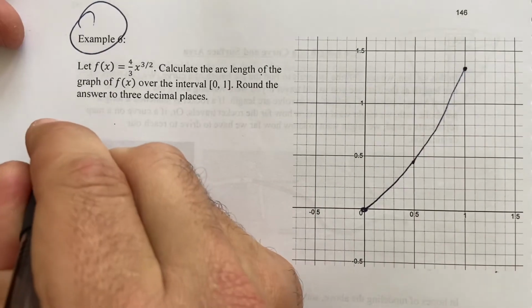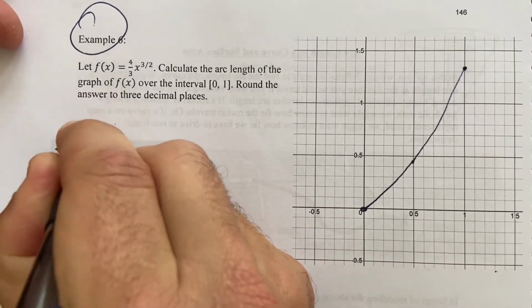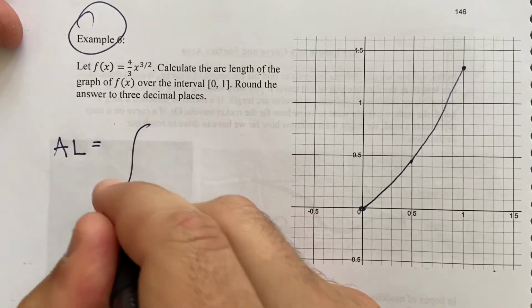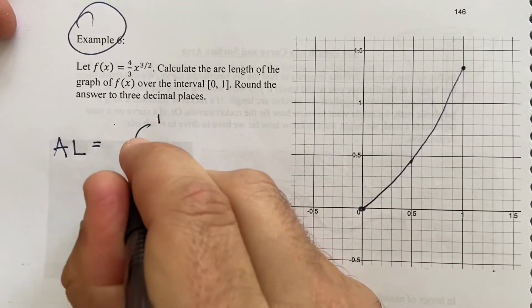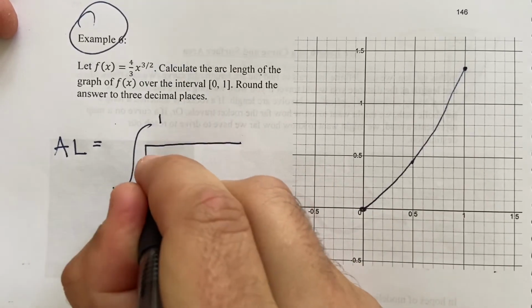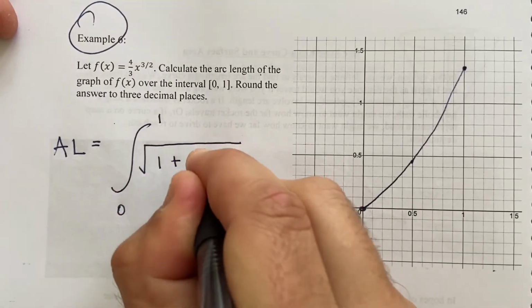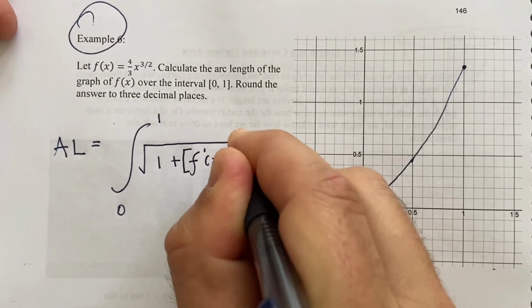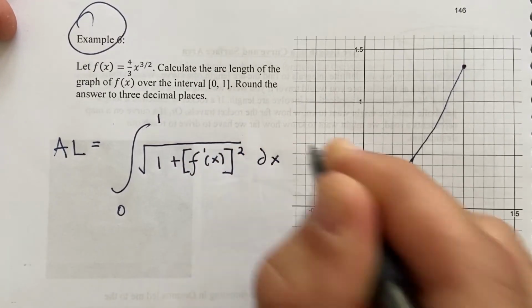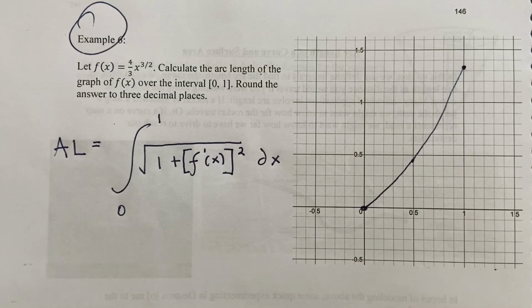So the arc length, sometimes you just see AL as an abbreviation, will be found from going from 0 to 1, the square root of 1 plus the derivative of the function that we care about, and then we actually square that derivative, and then we'll go across dx.